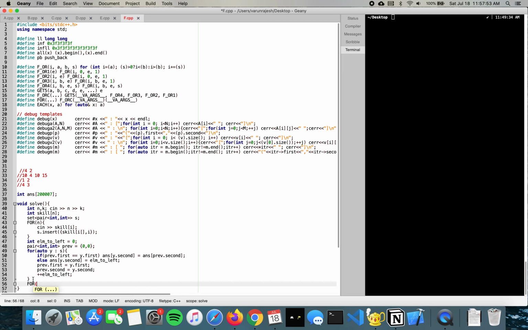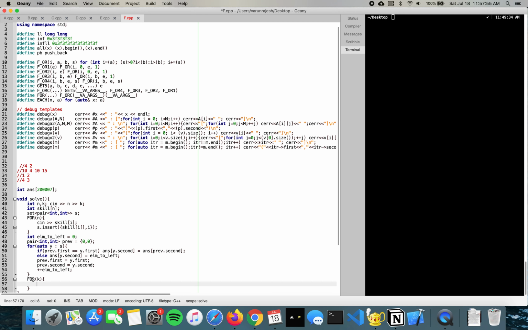And now we're given k pairs that don't work. So we're given A and B. And everything we do here is going to be 0 indexed, and our A and B is 1 indexed, so we just have to make it 0 indexed quickly.